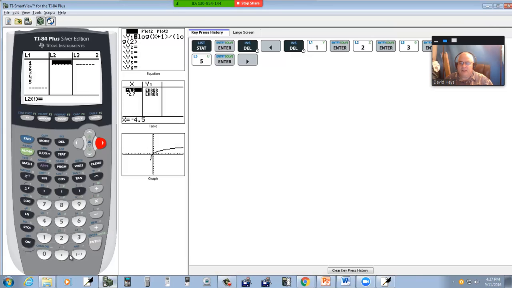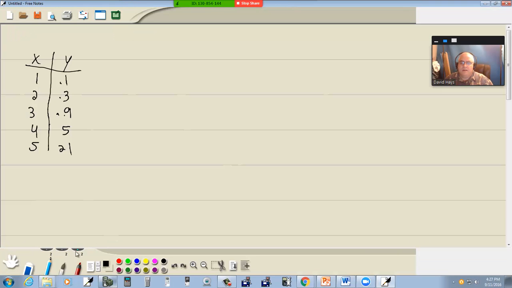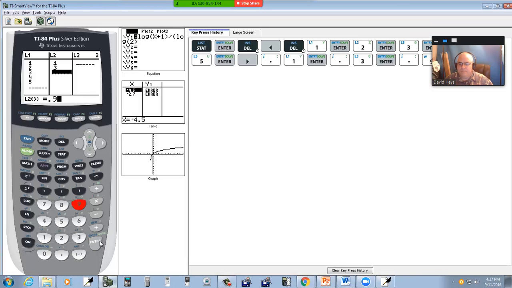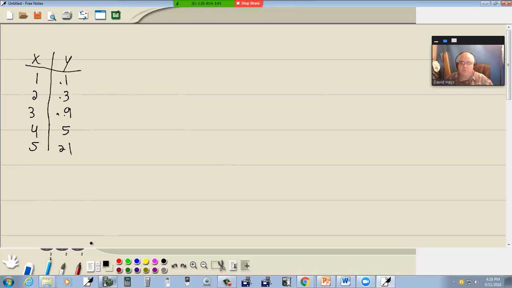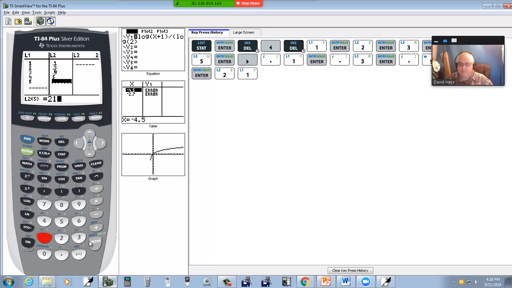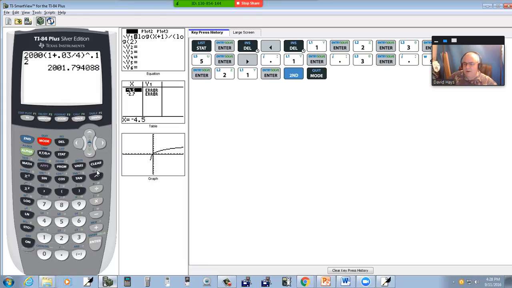Now for L2, I'm going to have 0.1, 0.3, 0.9, 5, and 21. Now I want to exit out, so I'll do second mode. Now we need to go into our catalog.